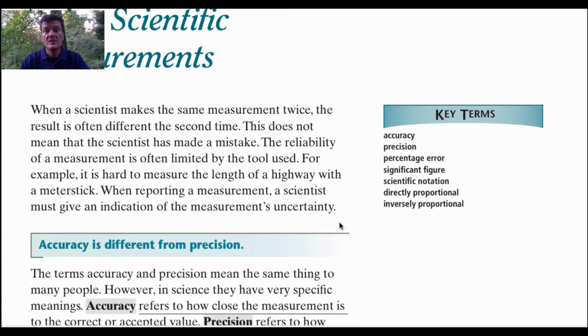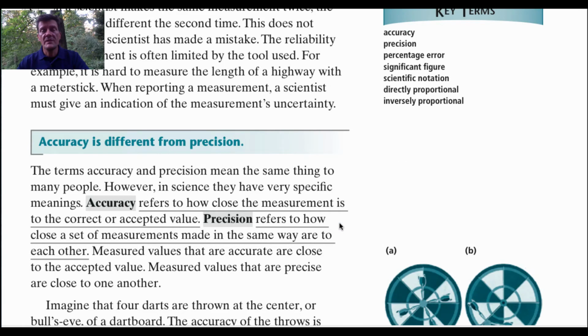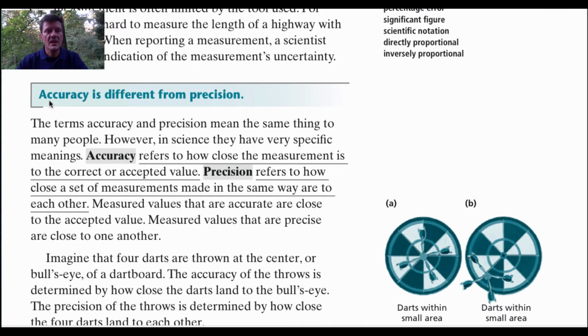A meter stick, a balance, maybe a flask to measure volume, or a pipette. We use instruments to do that. Those instruments might be really precise, or they may be not so precise. And when we take a measurement, we want to know if it's correct or not. So it may be accurate, or it may not be accurate at all. So we need to understand the difference between these two words, accuracy and precision.